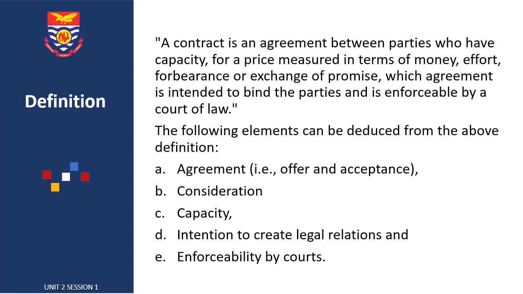A contract is an agreement between two parties who have capacity, for a price measured in terms of money, effort, forbearance, or exchange of promises, which agreement is intended to bind the parties and is enforceable by a court of law.